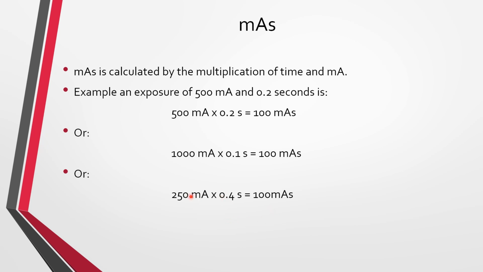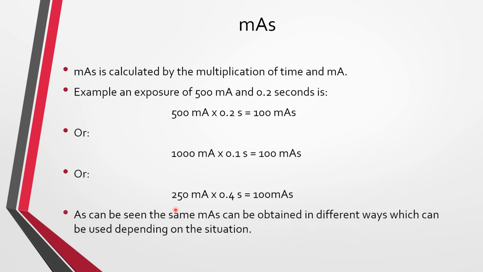We could bring the 2 to the other side, and we would find that we need to use 50 mA, because 50 mA times 2 is going to equal 100. If we wanted our exposure to be 100 mAs and we wanted 2 seconds, then we'll know that we need the mA station to be 50. So this can be useful to know to accomplish what you want. As can be seen, the same mAs can be attained different ways, which can be used in different ways, that we just discussed.